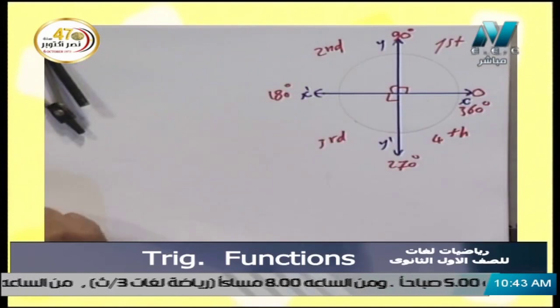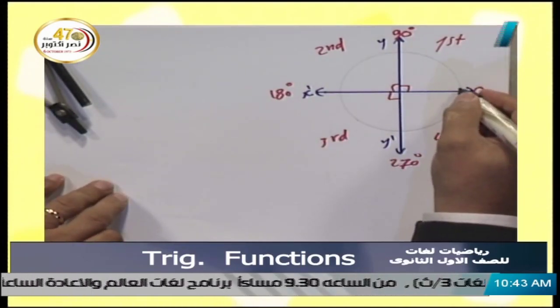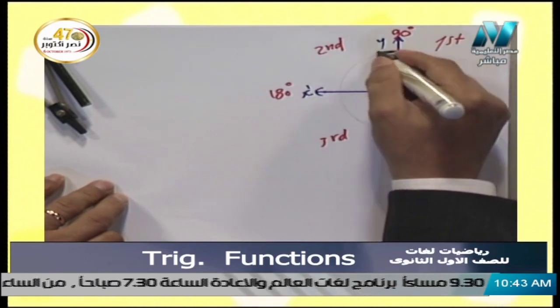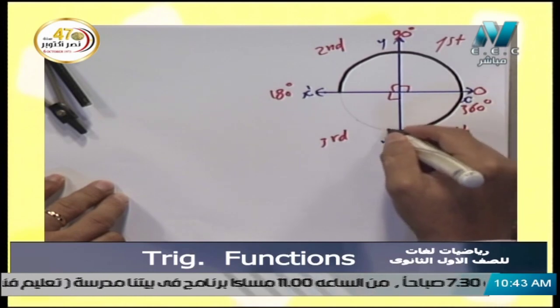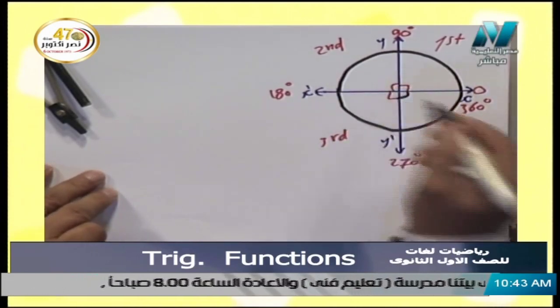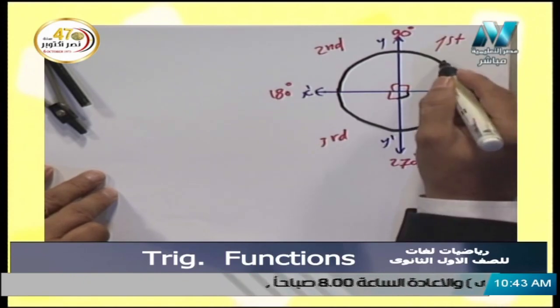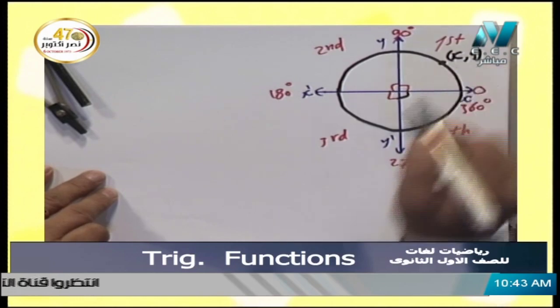So we have a unit circle whose center is the origin and whose radius length equals 1 unit. If we have a point here, this point will be x and y.